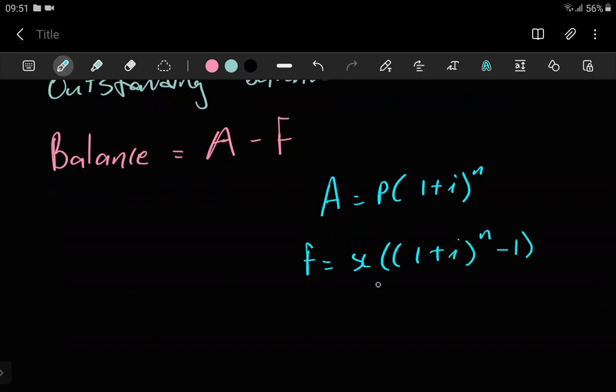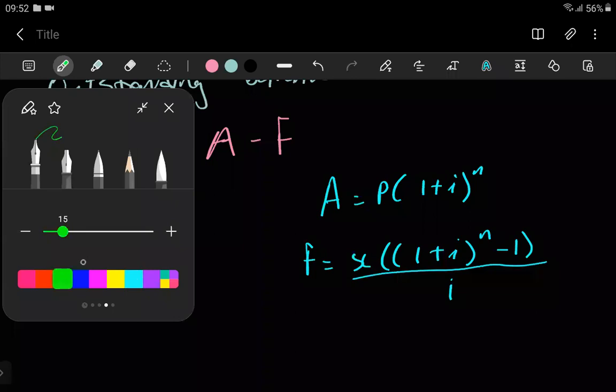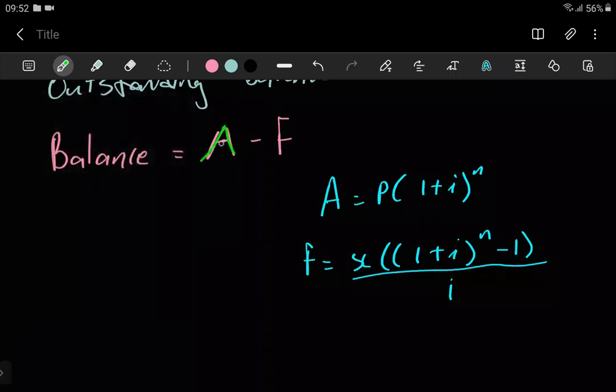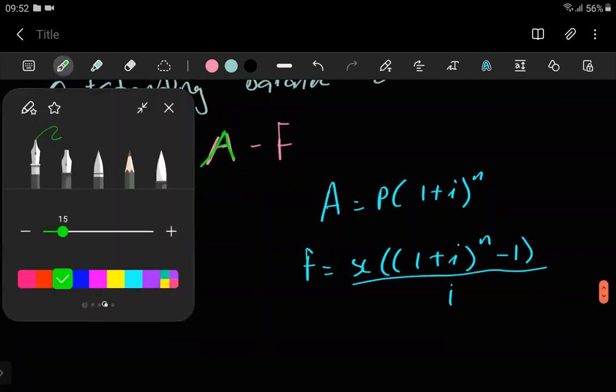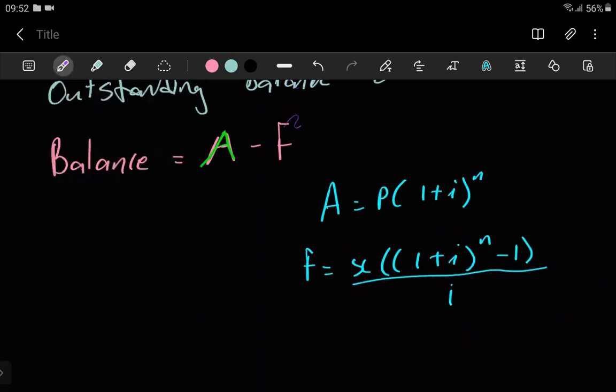The idea with this balance formula is that when you take out a loan, A represents the loan value increasing and gaining interest. F represents all the installments that you will be paying on a monthly basis. Because with loans, the interest added onto your money is based on what you owe at the present time, when the month ends.